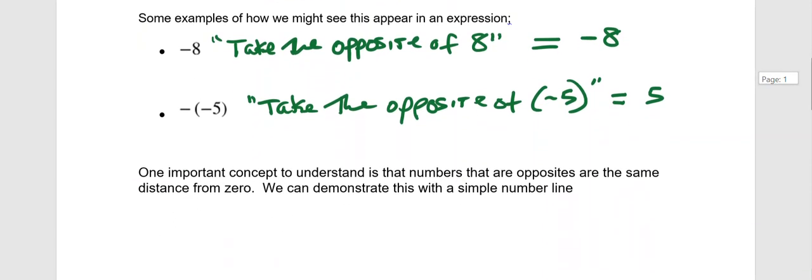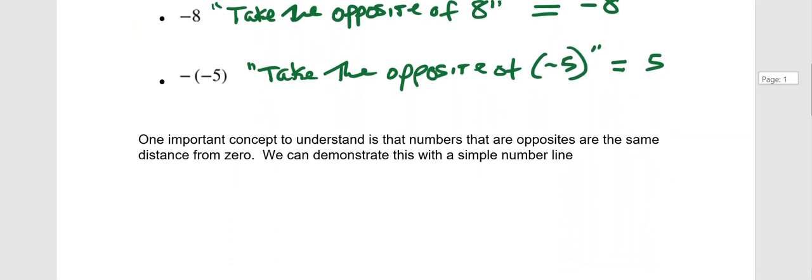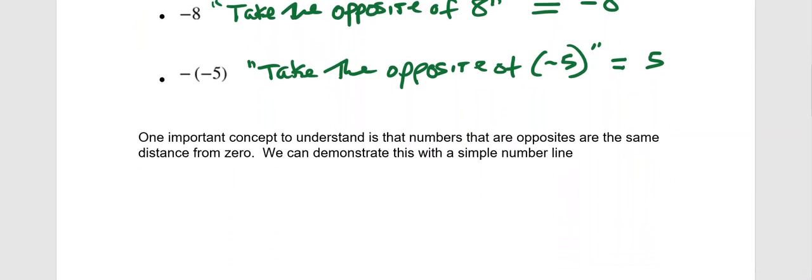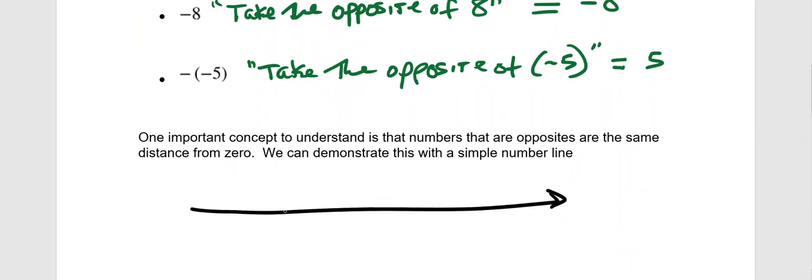So when we think about opposites, it's really important for us to understand that they are the same distance from 0 on a number line. So here's a number line, and let's just work with the value of negative 5. Here's negative 5 here.